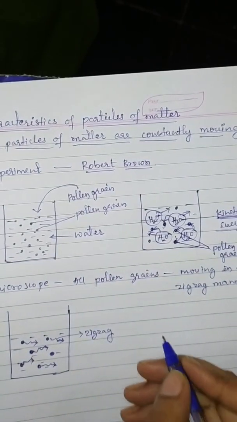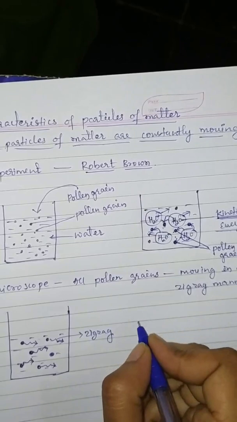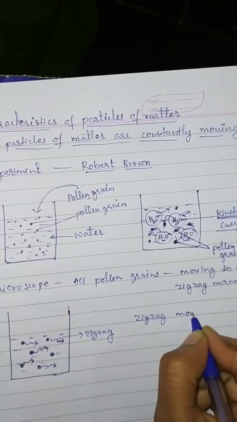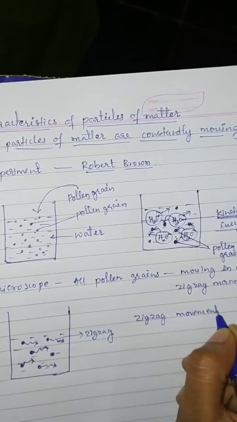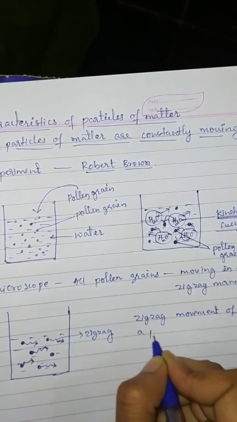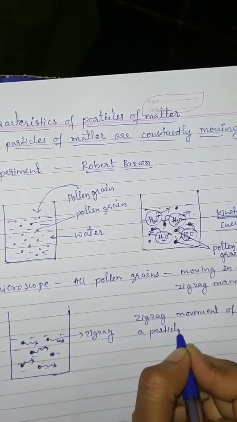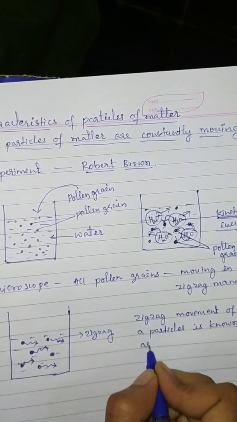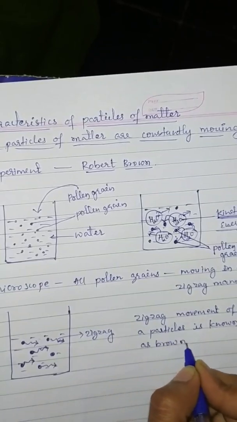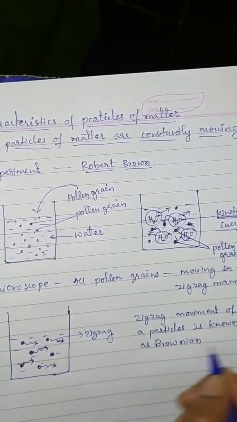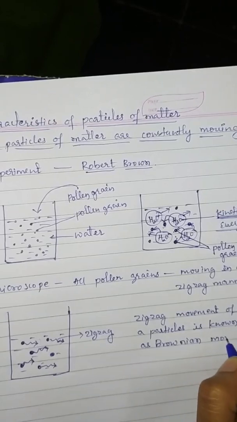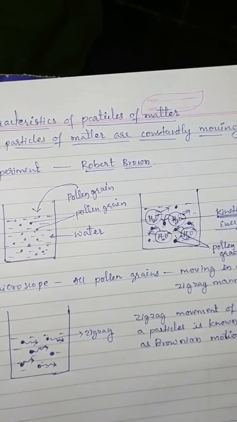Okay, this zigzag movement of particles is known as Brownian movement or motion.